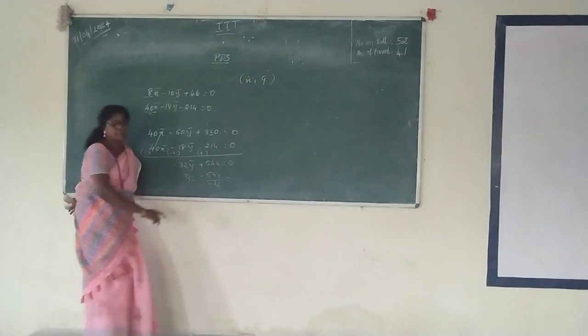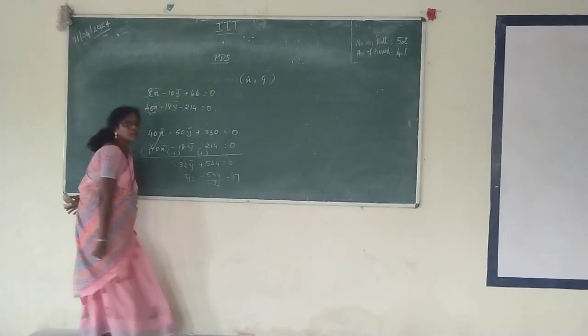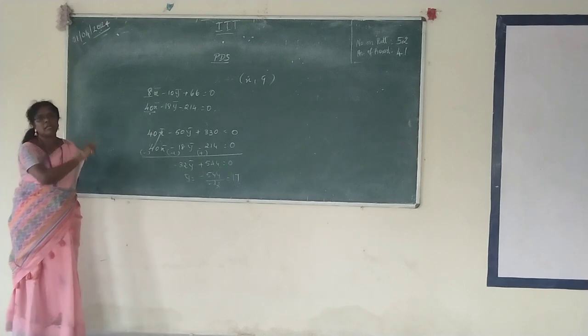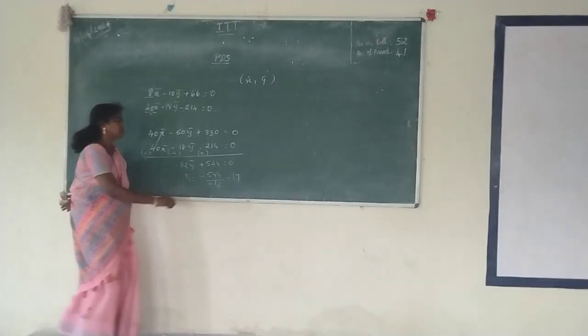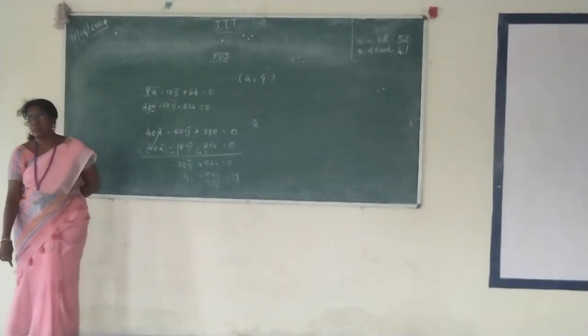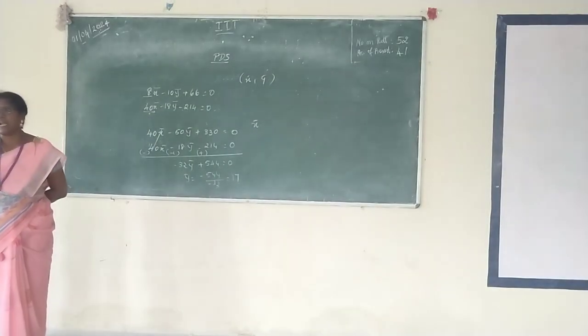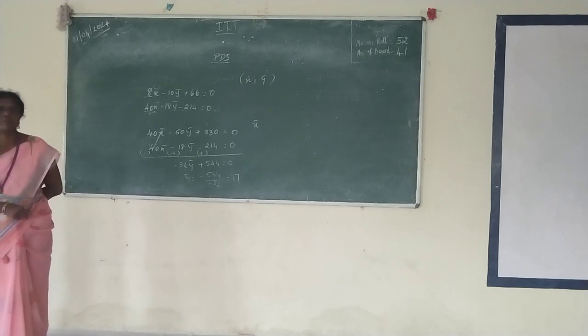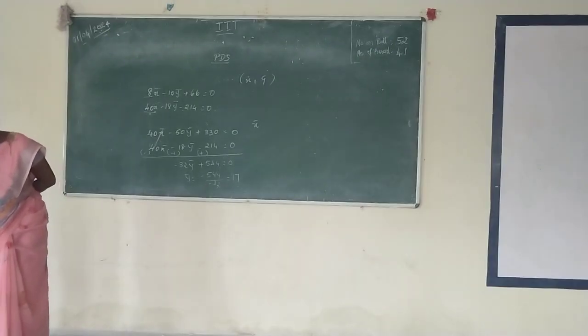Now substitute in any one of the equations and find x bar. This is one way of solving, no? The other way is that there is an option in the calculator for solving simultaneous equations. You can use a calculator and write the answers.